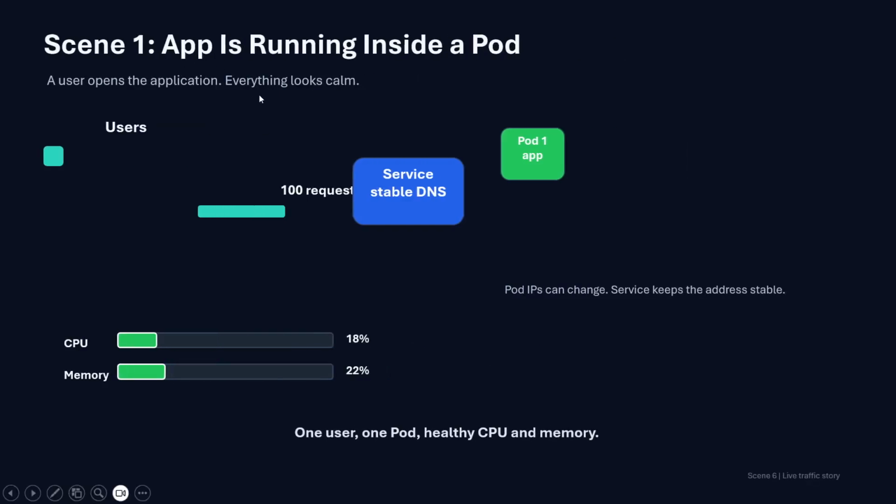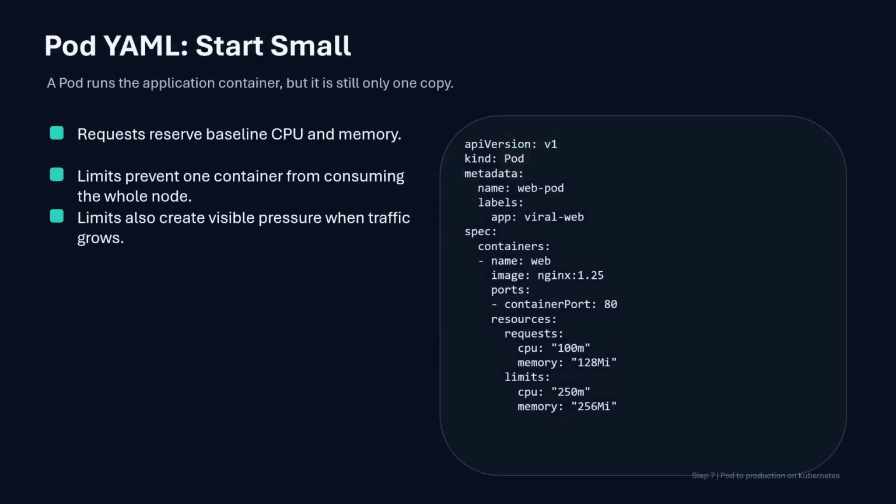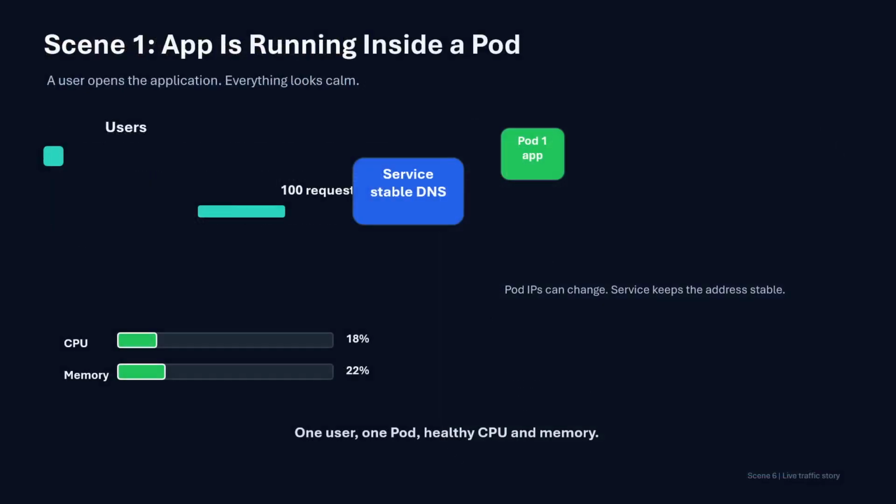First of all, how can you run your application on Kubernetes? You should know the pod. With the help of the pod, I can run the application on Kubernetes. Once it is running, users can send traffic to the application.